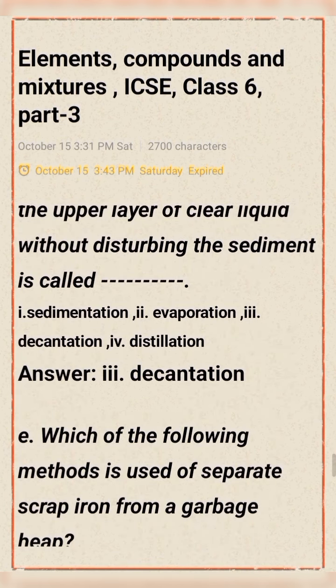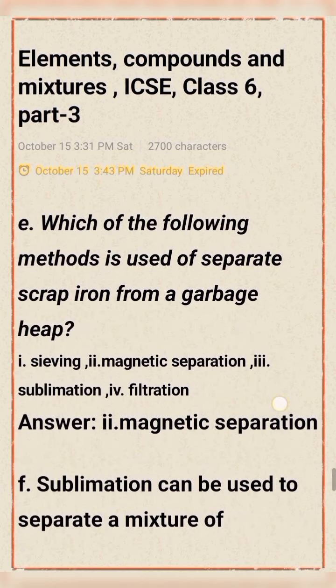Next question number E. Which of the following methods is used to separate scrap iron from a garbage heap? Option 1, sieving, option 2, magnetic separation, option 3, sublimation, option 4, filtration. Option 2 is the right answer, that is magnetic separation.